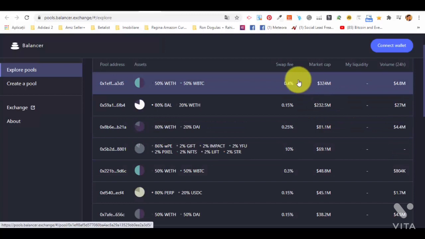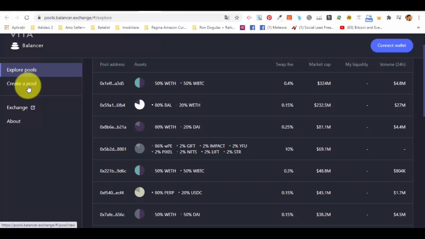In our opinion, the higher all of these indicators, the better. So this is how this works. You can also create your own pool, but that is a little more complicated and you need other things for that as well.